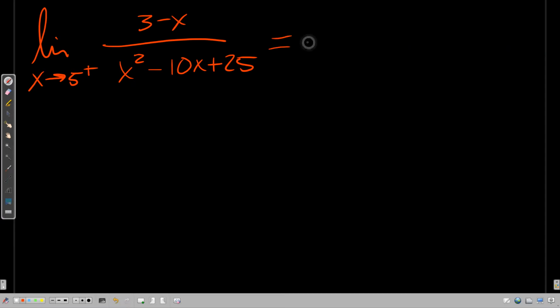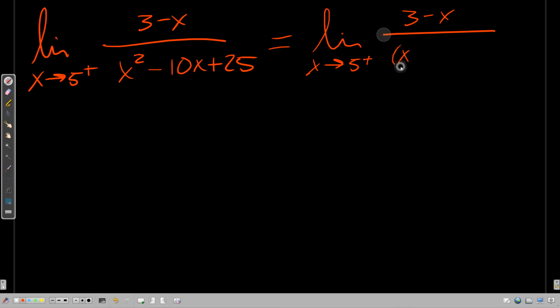And that strategy will be to factor and make our sign chart. So that denominator is a perfect square.